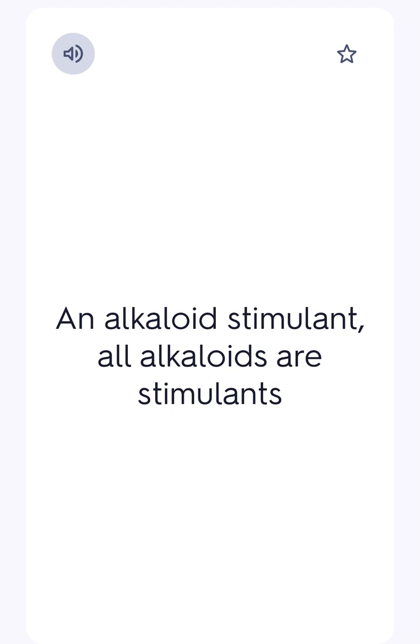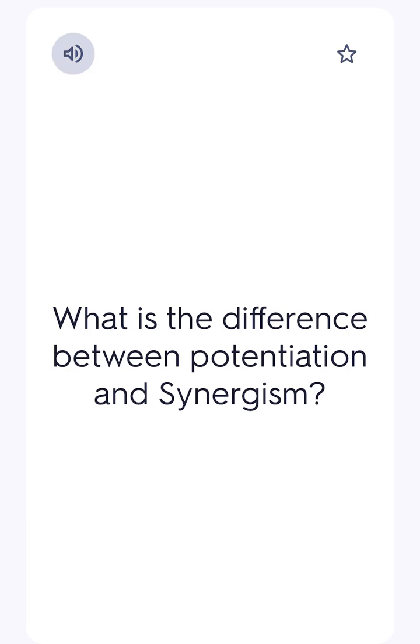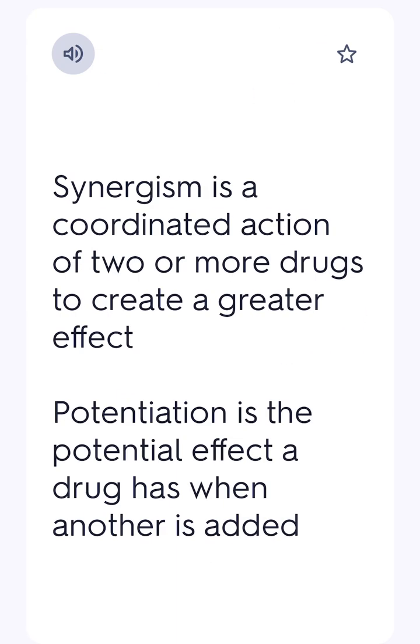An alkaloid stimulant. All alkaloids are stimulants. What is the difference between potentiation and synergism? Synergism is a coordinated action of two or more drugs to create a greater effect. Potentiation is the potential effect a drug has when another is added.